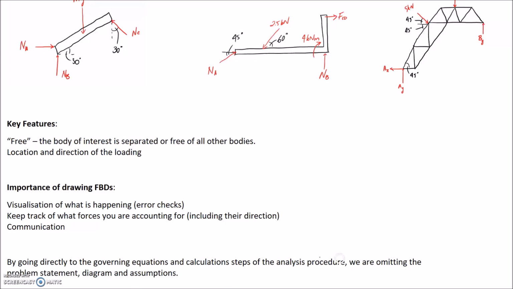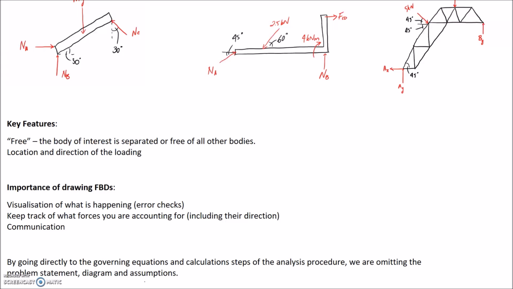So I've made this last little point on the end. By going directly to the governing equations, so this would be like sum of forces equals mass times acceleration, or sum of moments equals 0 if it's a structure that's not moving, and calculations for steps in the analysis procedure, we're going to be omitting the problem statement, the diagram, and the assumptions. I know sometimes it does seem tedious having to draw these diagrams and write out your problem and what assumptions you're making when you have very simple, short questions.